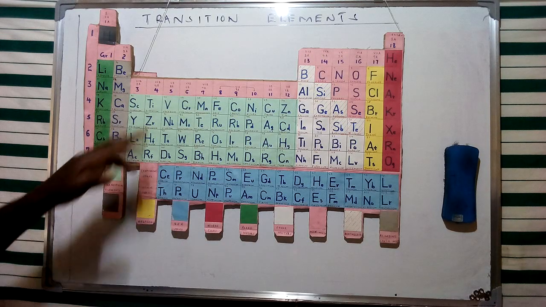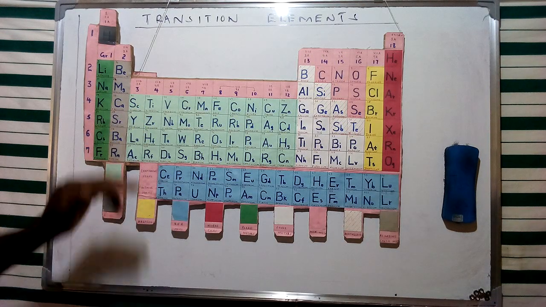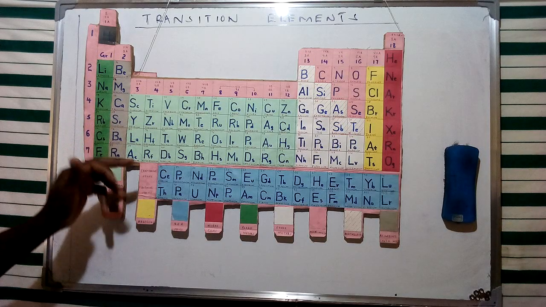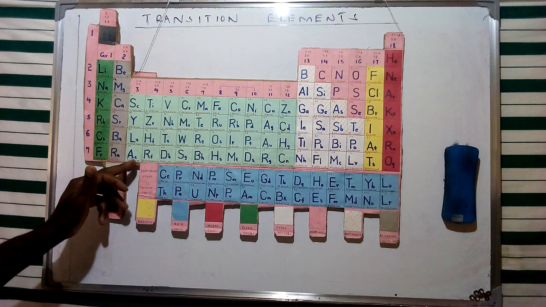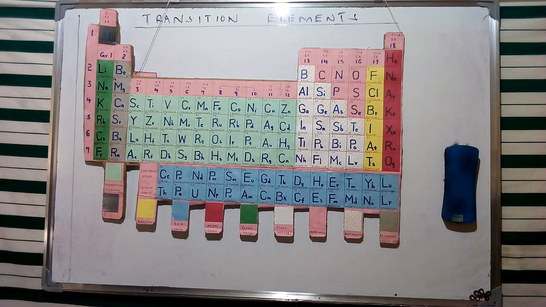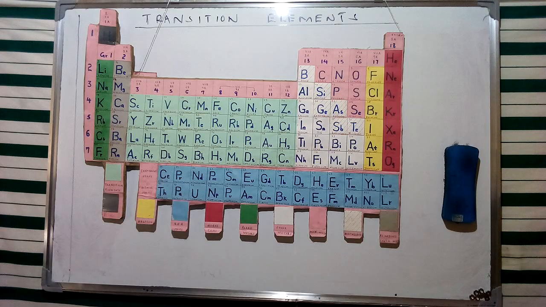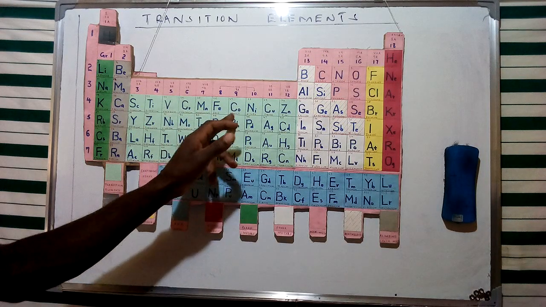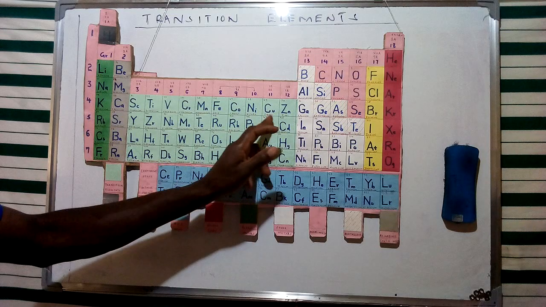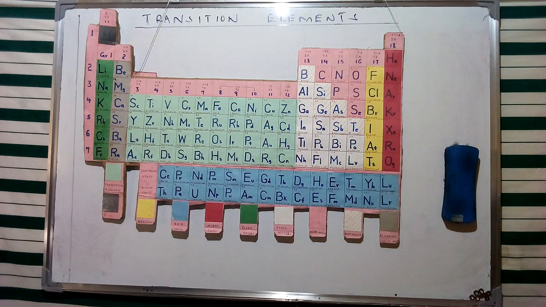So the first one is going to be the scandium group, which consists of scandium, yttrium, lanthanum and actinium in that specific order. So basically, I'm just going to refer to this one as the scandium group. And then we shall have the titanium group, the vanadium group, chromium group, manganese group, iron group, cobalt group, nickel group, copper group, and zinc group, which is going to form the final part of the transition elements.